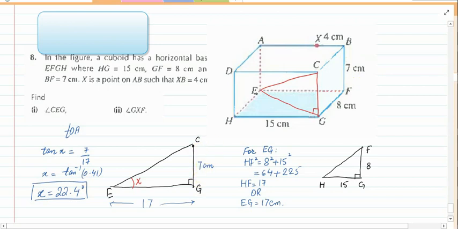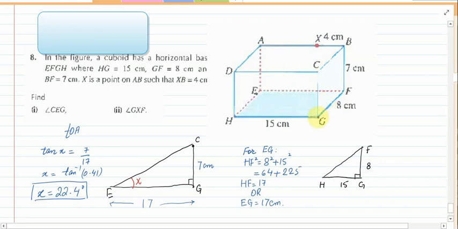Now after the first part, you need to find angle GXF. Now where is GXF, right? First thing I'm going to do, I'm going to rub this red triangle so that I can explain it better.